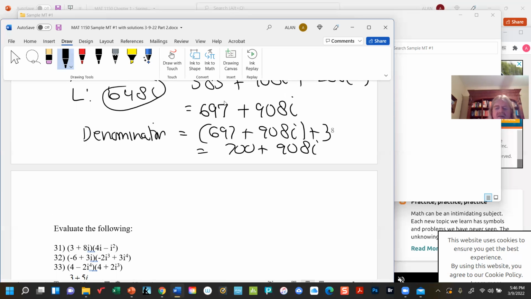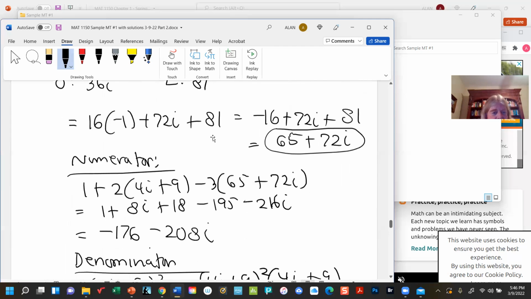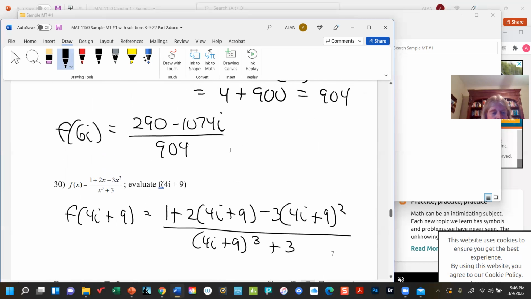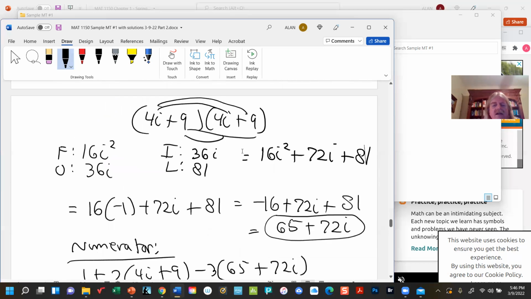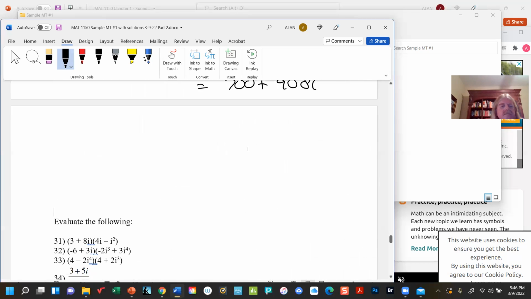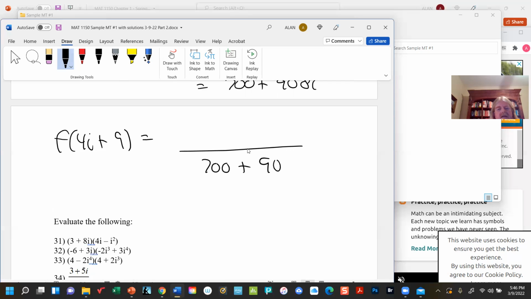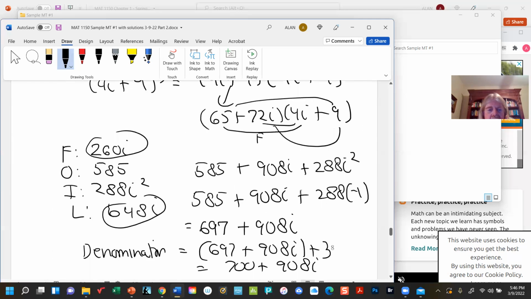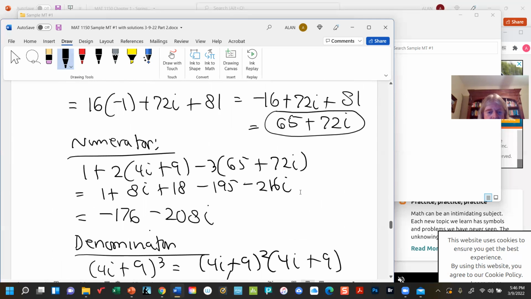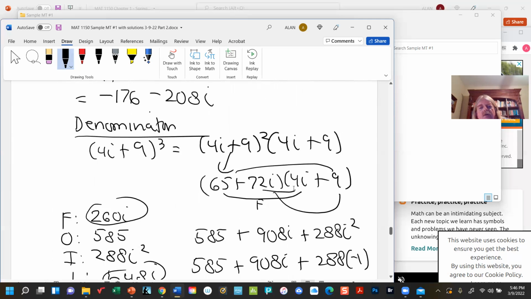All right, so I think we got everything we need. So the final answer is, after all of that work, oh my God, f of 4i plus 9, here we have 700 plus 908i. The numerator we determined to be minus 176 minus 208i.